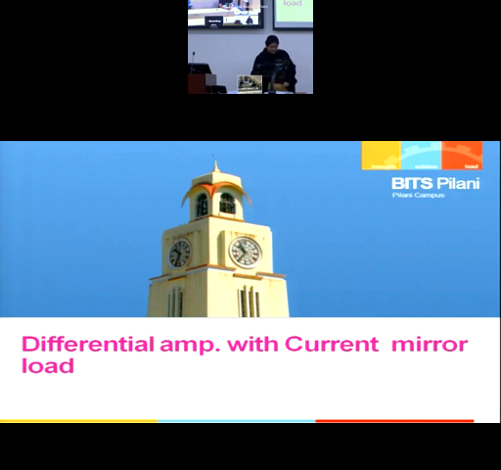So we have discussed till now a differential pair. We have discussed its topology, how to understand the topology of a differential pair. We have looked at the operation, and within this we have looked at two operations, the differential mode and the common mode operation.